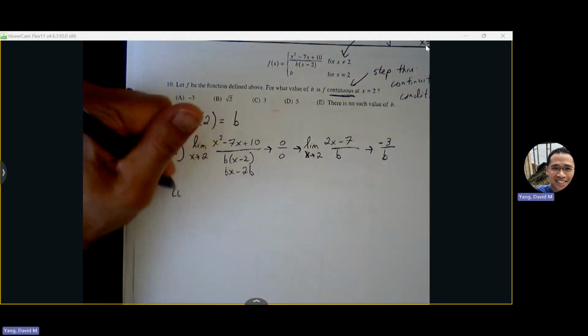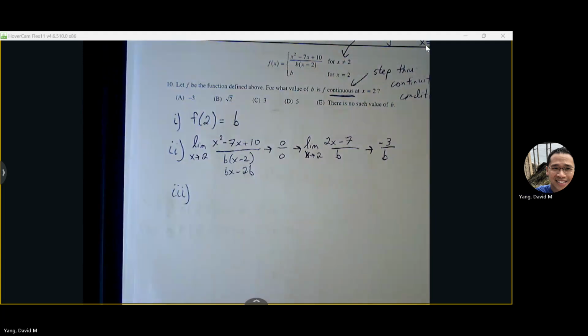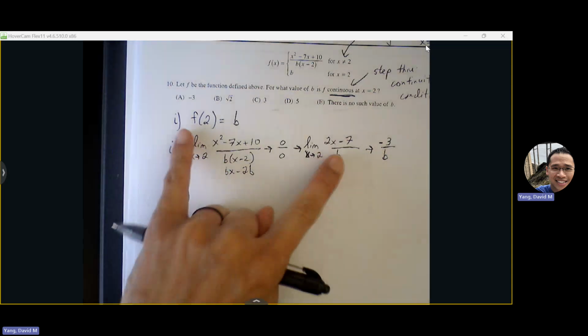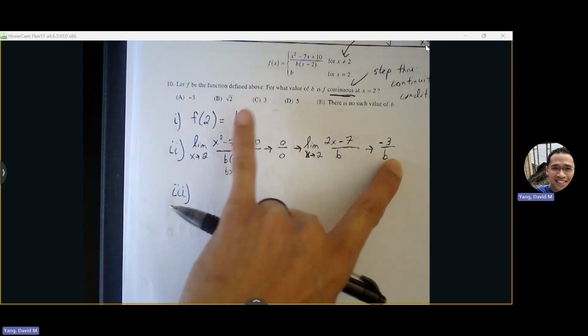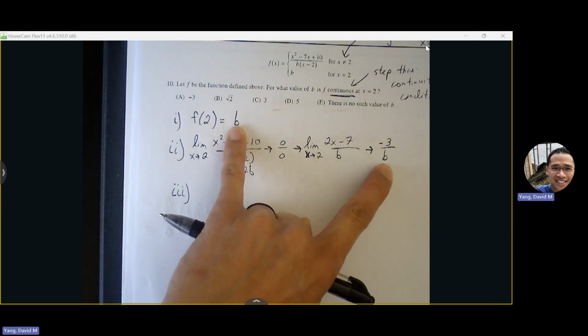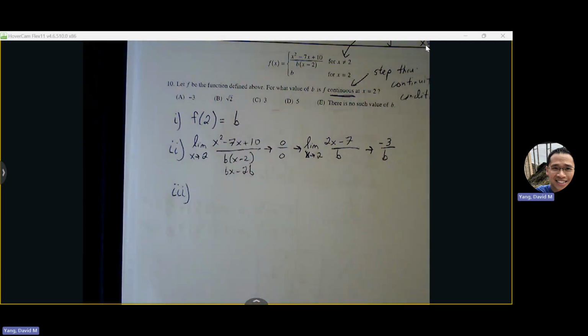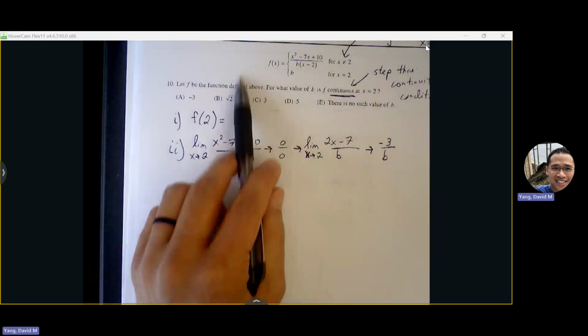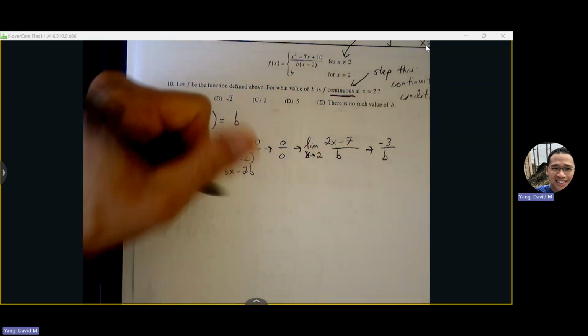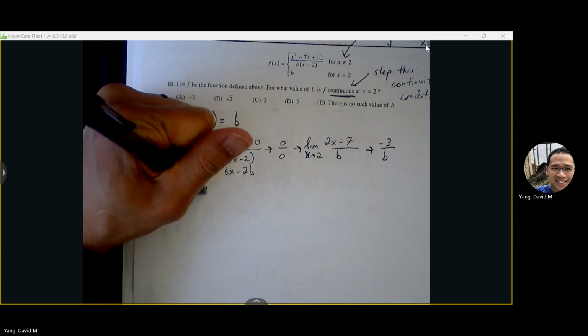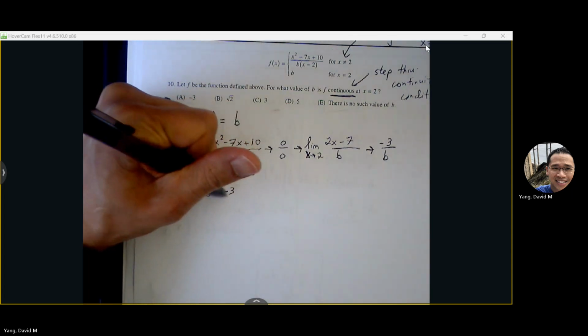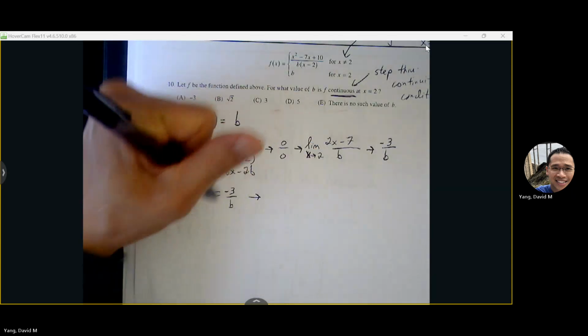So then the third condition is, in order for my function to be continuous, these have to agree. So my b has to equal -3 over b. So I just have to set these equal to each other and basically solve for b. Right?